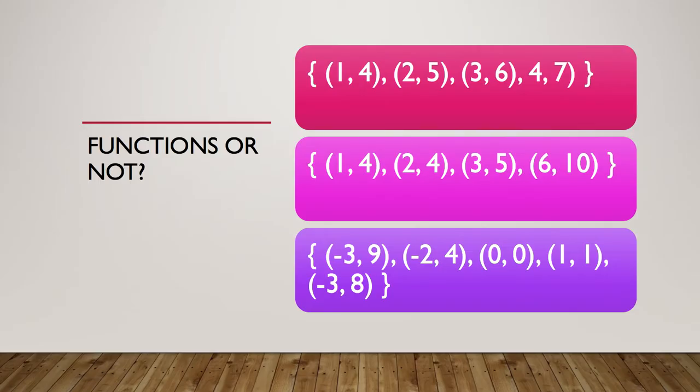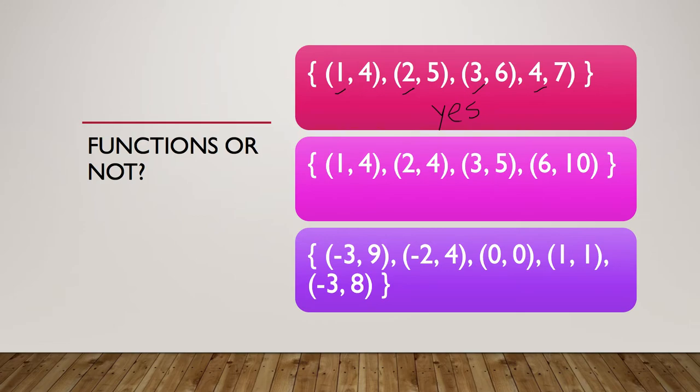The other way that we talked about whether something was a function or not was we looked at a set of ordered pairs. And remember that we always looked at the x values, because in order for something to be a function, we need all of our x values to be different. So in our first example, if I look at my x values, I have 1, 2, 3, and 4. Since all of those numbers are different, I would conclude that yes, that is a function.